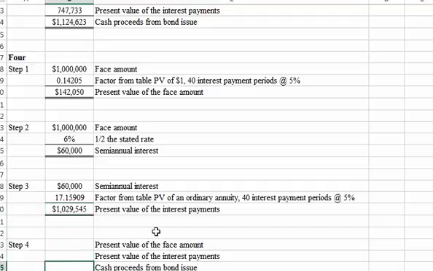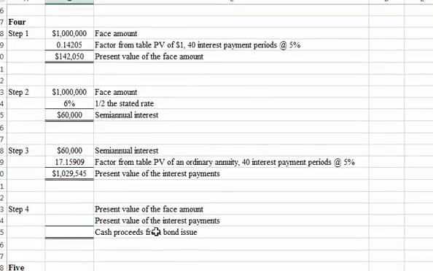$1,029,545. Now to get the amount of cash that the issuing corporation is going to receive on the day these bonds are issued, we'll add together the present value of the face amount, $142,050, and the present value of the interest payments, $1,029,545.